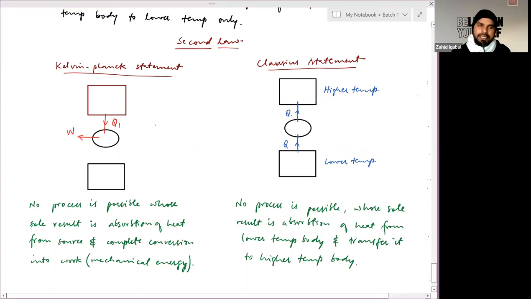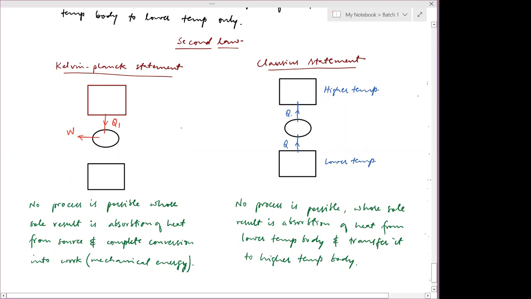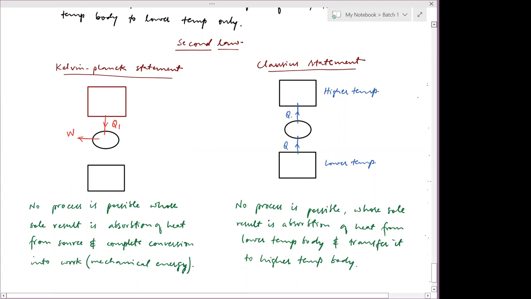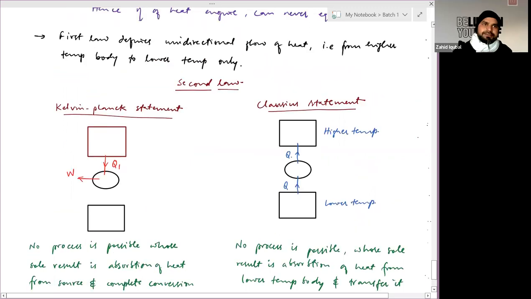Hamza, any doubt in these two statements? Okay, just write it down.